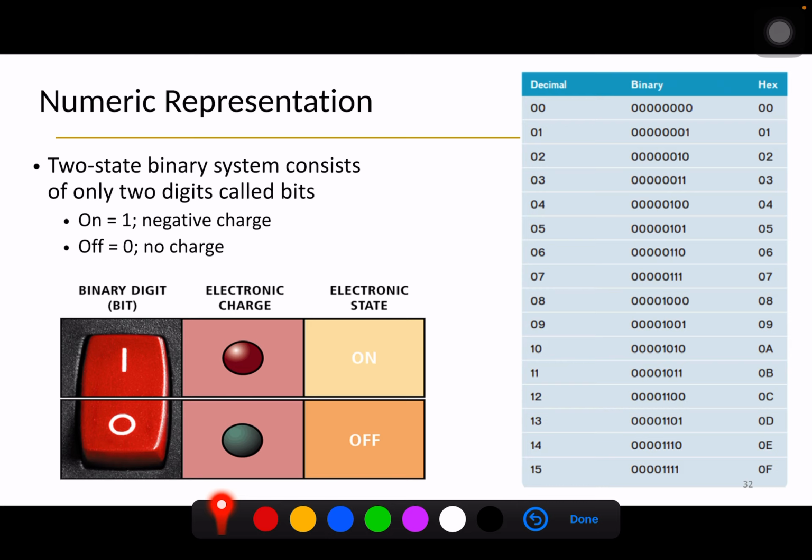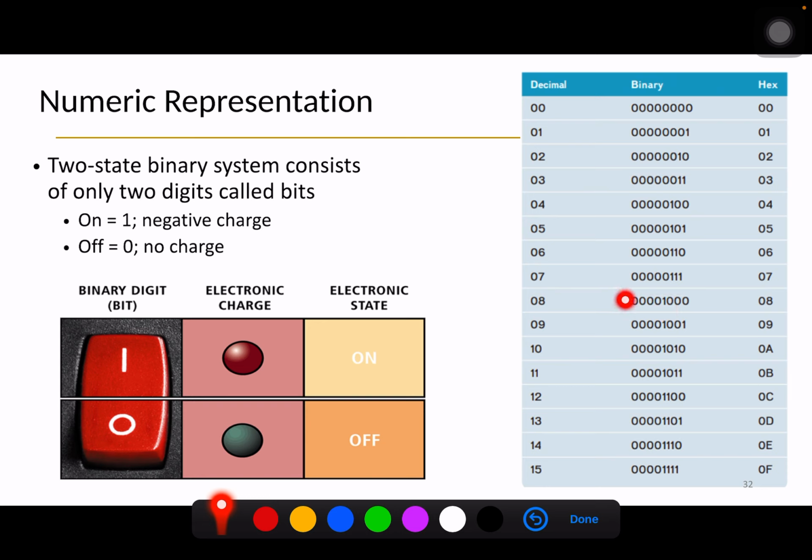Let's say number 8. How does the computer represent number 8? Basically, the computer must convert the number into binary first, that is 00001000.